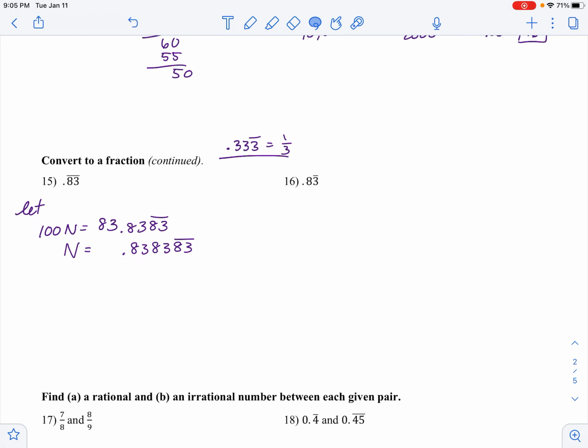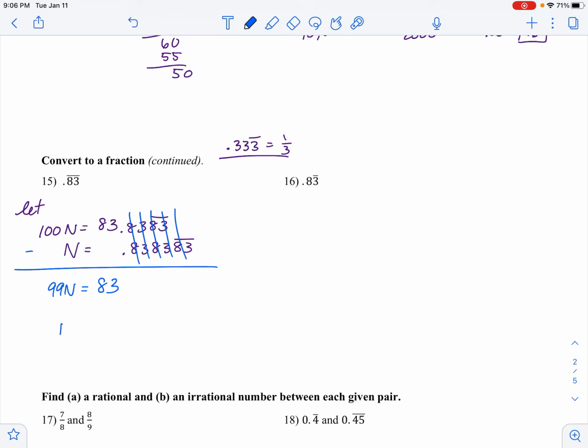I'm going to line them up above each other, and I'm going to subtract those two equations. On the left, 100n minus 1n is going to give me 99n. On the right, because I made sure that everything lined up, the decimals are gone forever and ever, and so I just have 83 left over on the right.